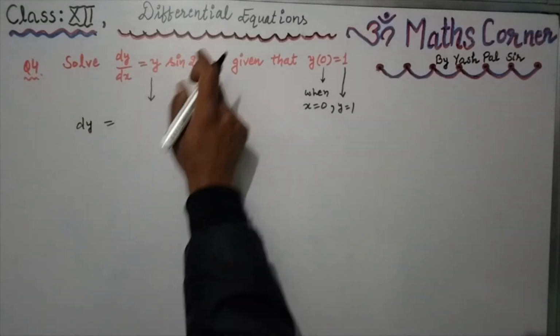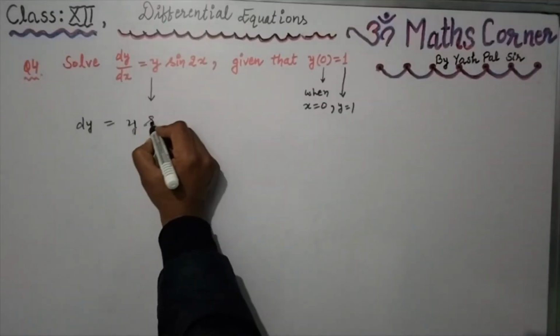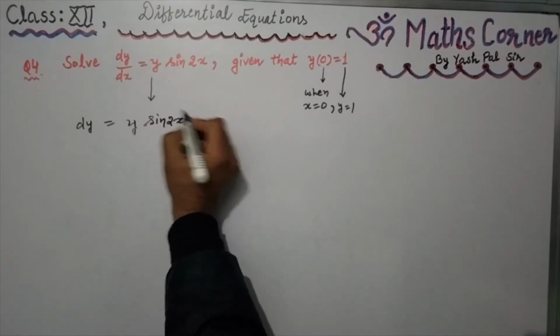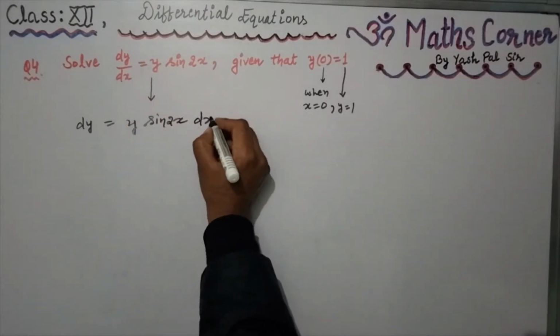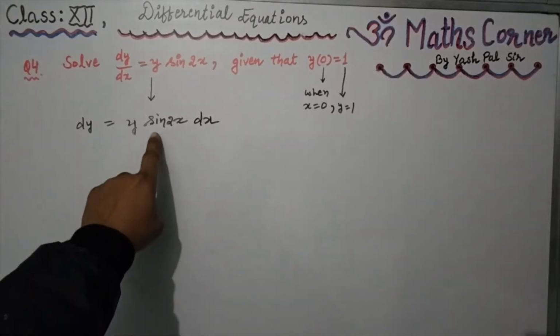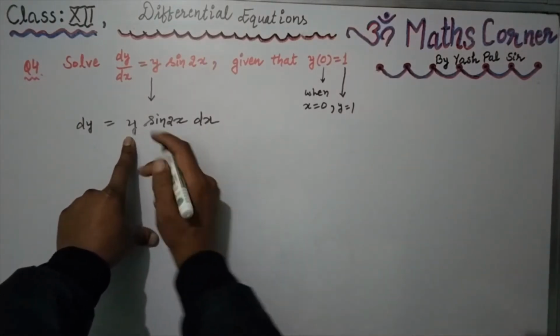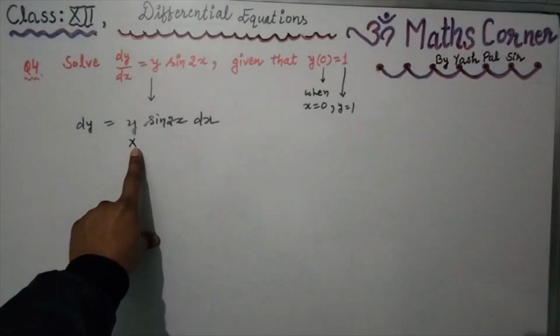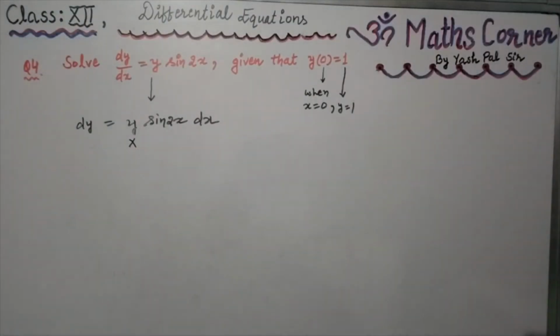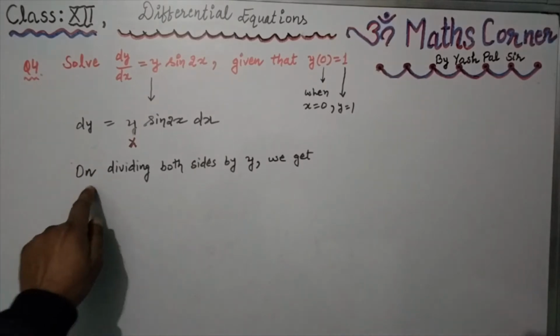So what we do here, we write dy is equal to y into sine of 2x, and dx is multiplied here. Now, because with dx this y is not required, this y will be divided on both sides.